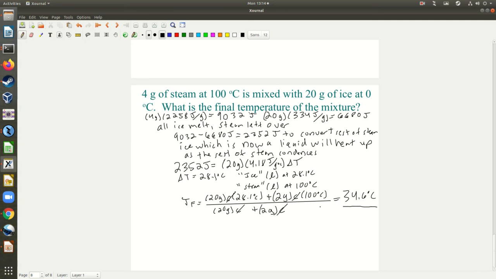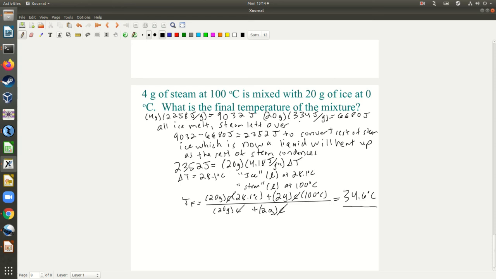Like I said, you have one on your homework. I believe it's like the second or even the last problem. One other thing I want to mention is that, for instance, I started off with 20 grams of steam and 20 grams of ice, and I tried to do this problem and realized it doesn't work. Why didn't it work?